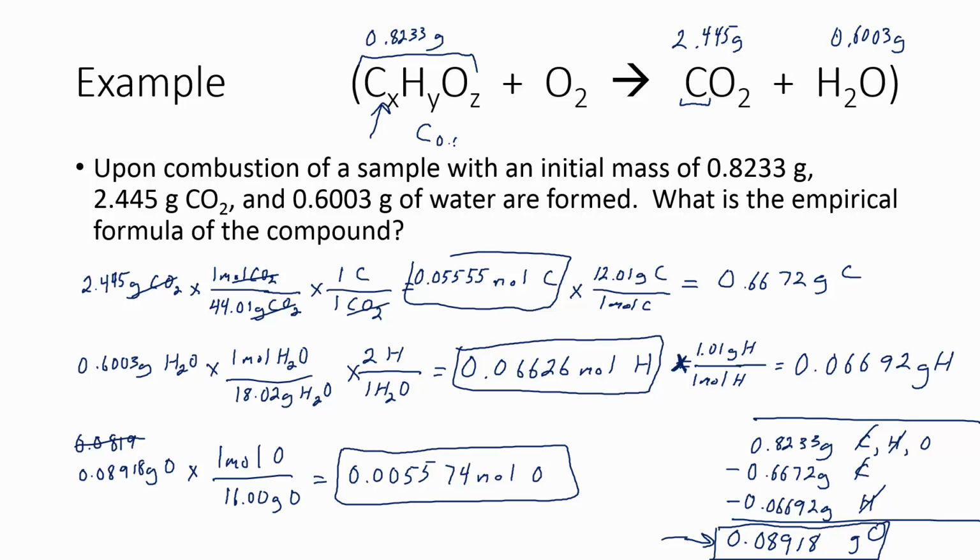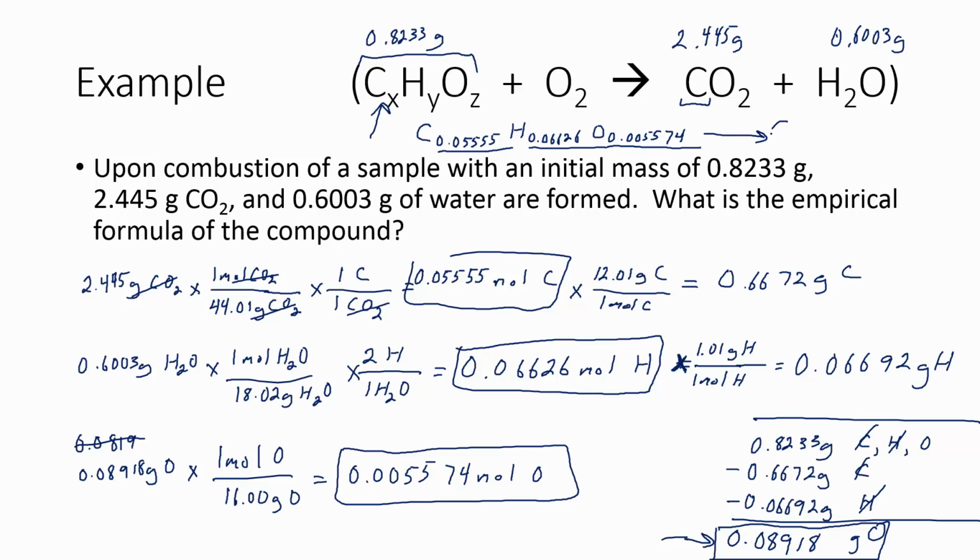All right, I now know the moles of all 3 components, and I can set up a ratio. C, 0.05555, H, 0.06626, O, 0.005574. Well, we can guess which is the smallest one. We'll divide all 3 by the oxygen. So 0.055555, etc., divided by 0.005574.